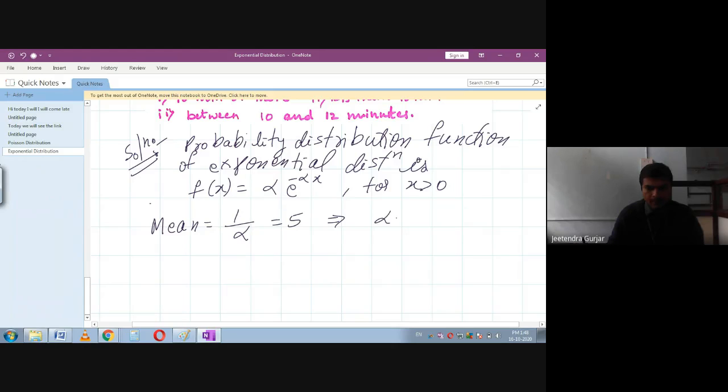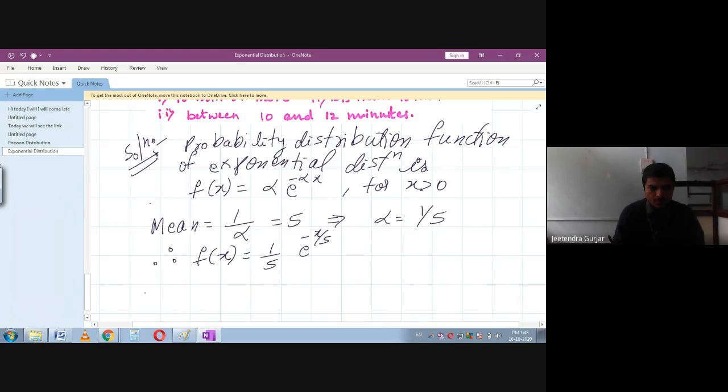Therefore, alpha can be taken as 1 upon 5. So your function, the exponential distribution function f of x, you are going to get as 1 upon 5 e raised to minus x upon 5.